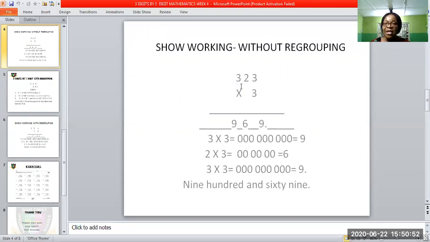Without regrouping means do not carry, do not rename. At the end of it, we will have 969.